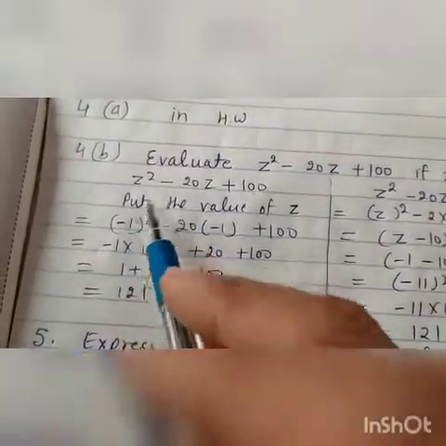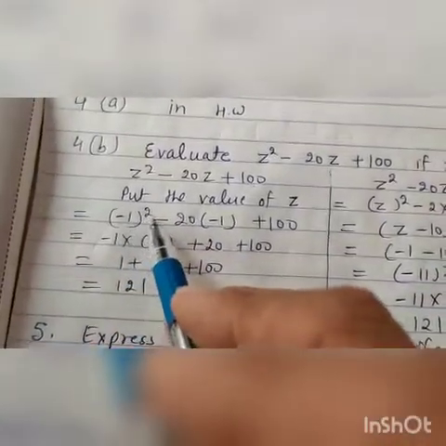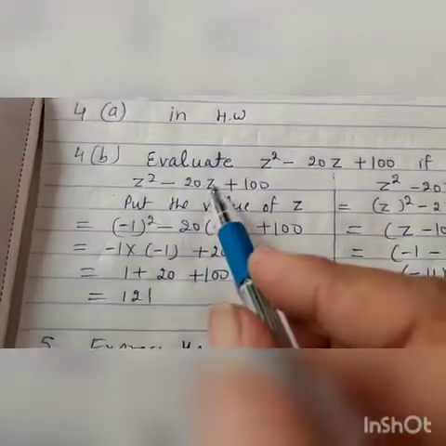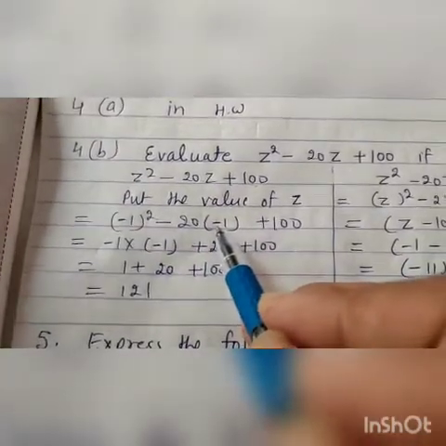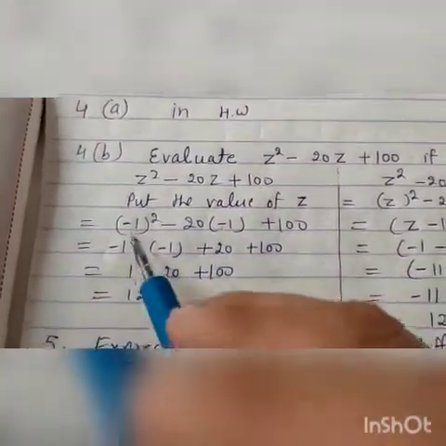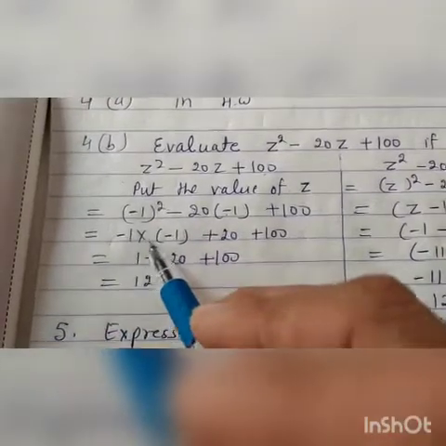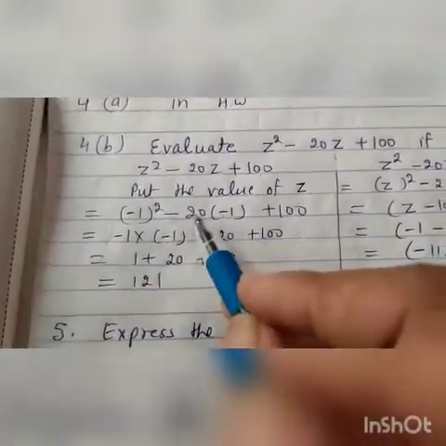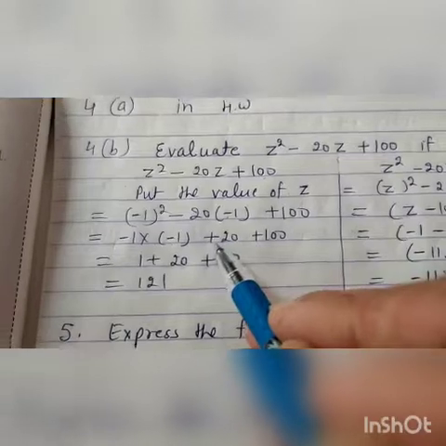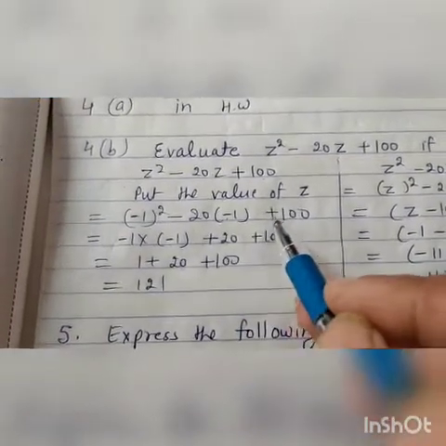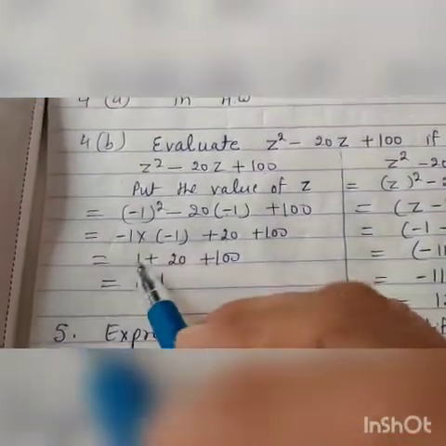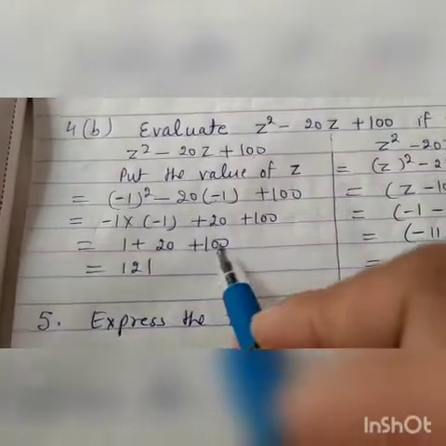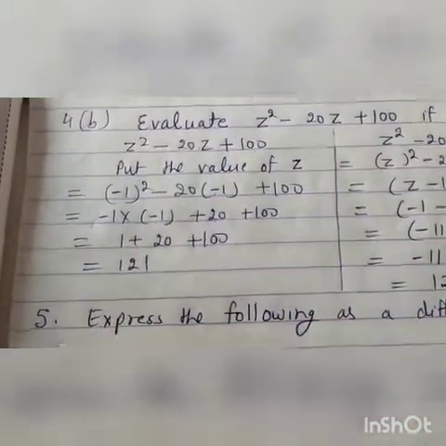In place of z square we will write minus 1 whole square, minus 20 multiply z, z is minus 1, plus 100. Minus 1 square will be minus 1 multiply minus 1, minus 20 multiply by minus 1 will become plus 20, plus 100. 1 plus 20 plus 100. When we add we will get 121.